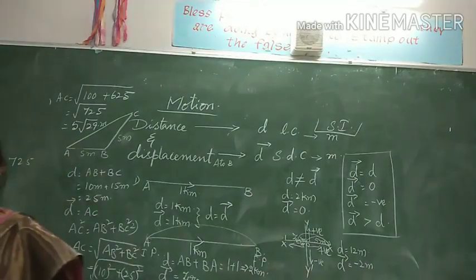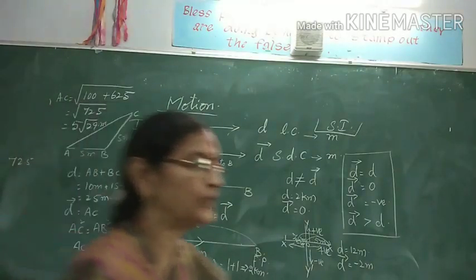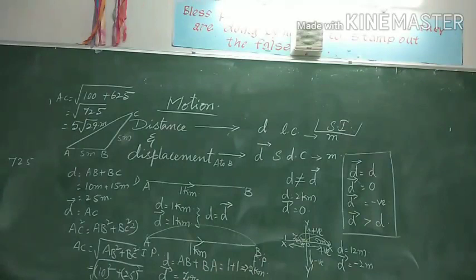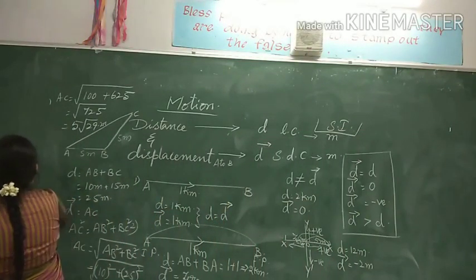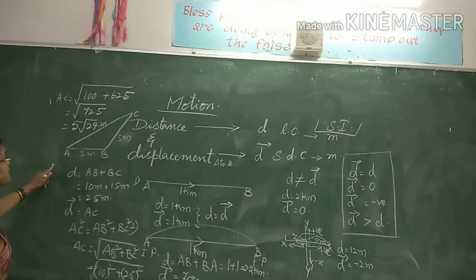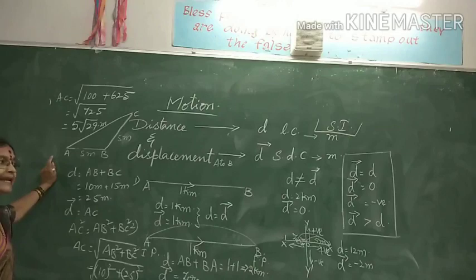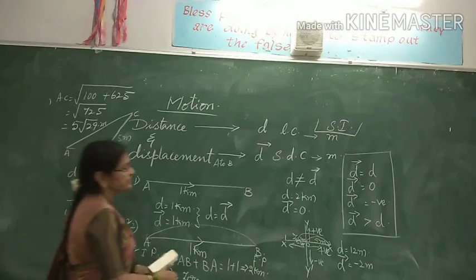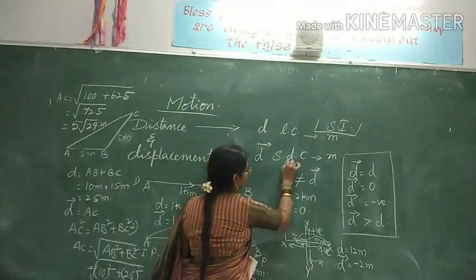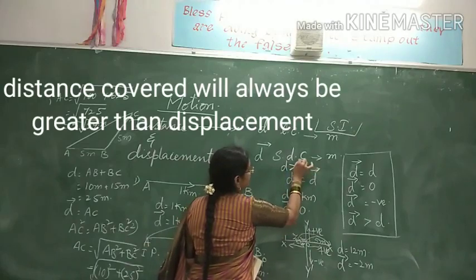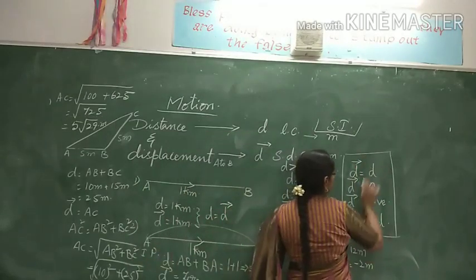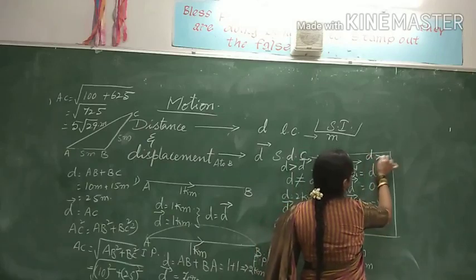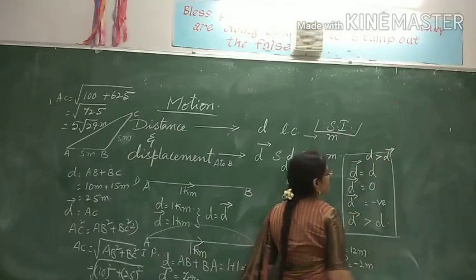Still, the questions will be asked in a simple way, don't worry. This is one way to find out the distance. So always, in this case also, distance covered will always be greater than displacement.